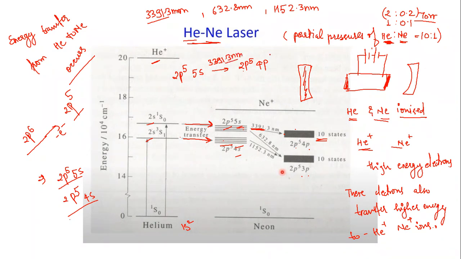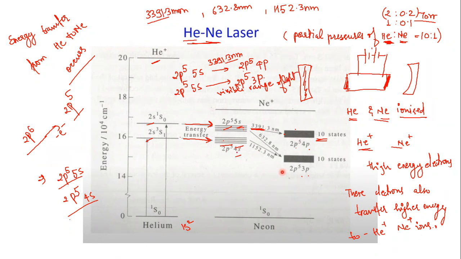This is quite low in energy. And the second one, which is of 632.8 nanometer, is from 2p5 5s to 2p5 3p. This transition lies in the visible range of light.